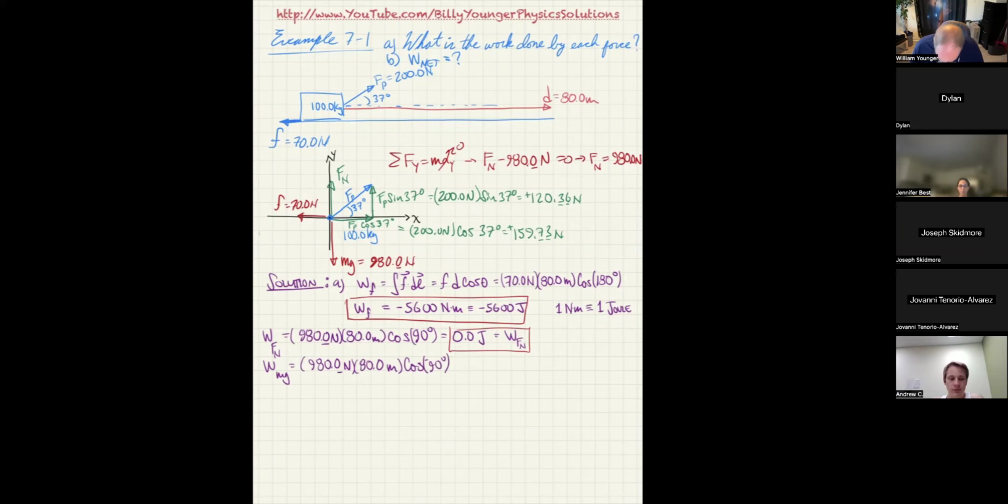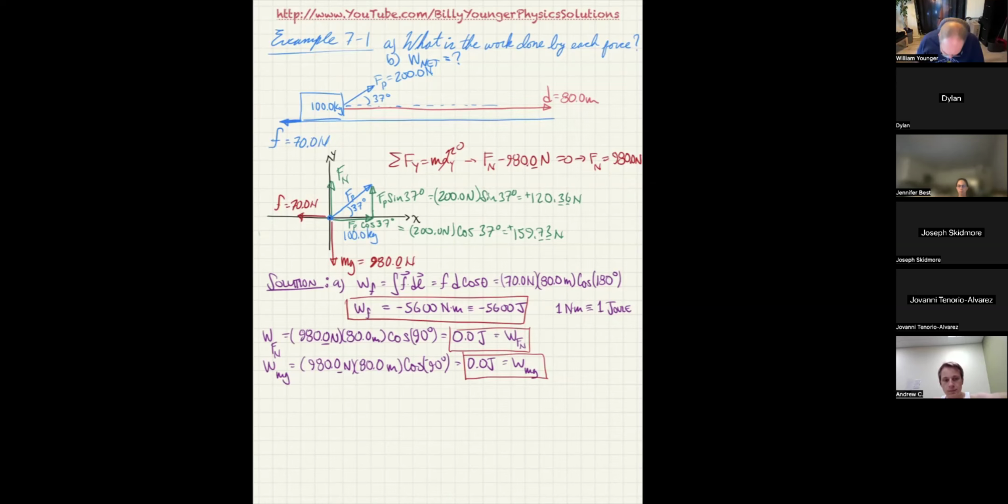Either way, you're still going to get 0.0 joules for the work done by mg. Now that's normal, by the way. Whenever you apply a force that's perpendicular to the direction of travel, the work done by that is 0. Whereas if you apply a force at 180 degrees, the work done will be negative.